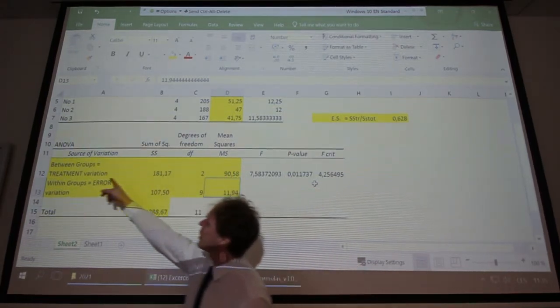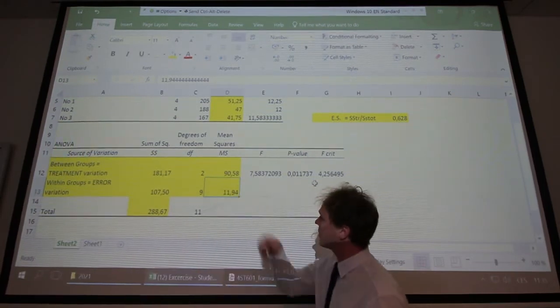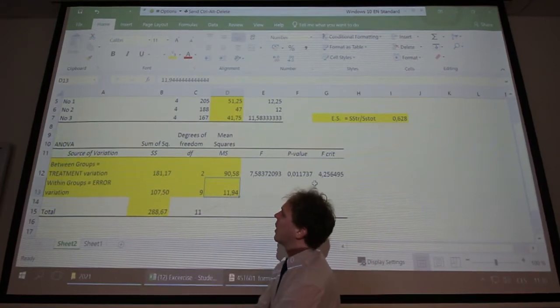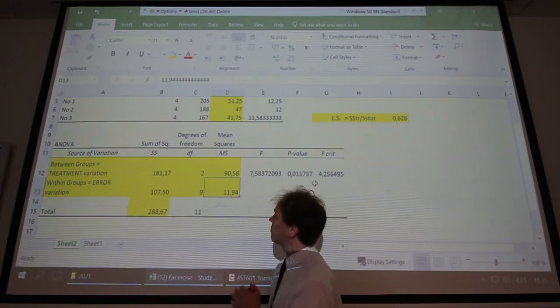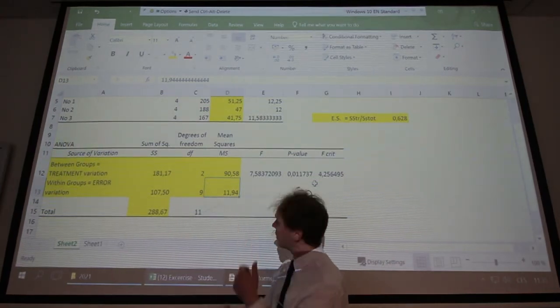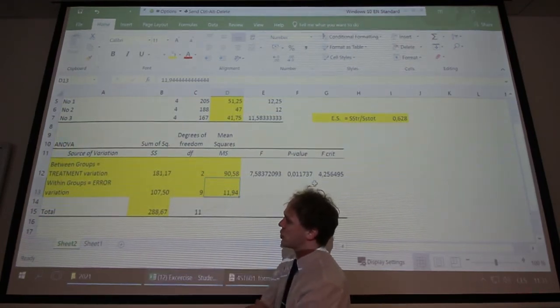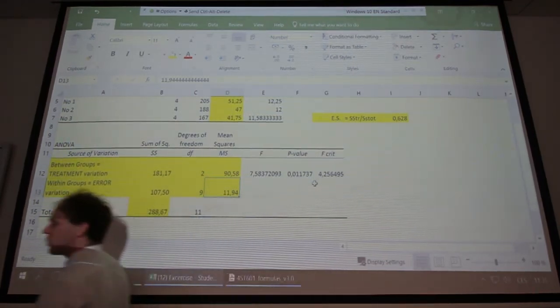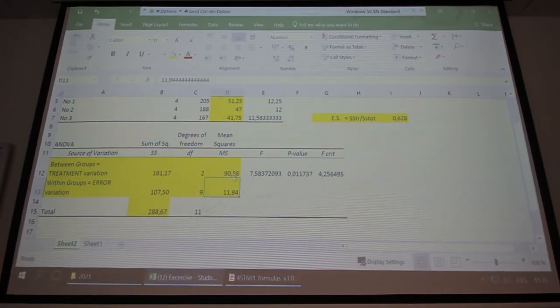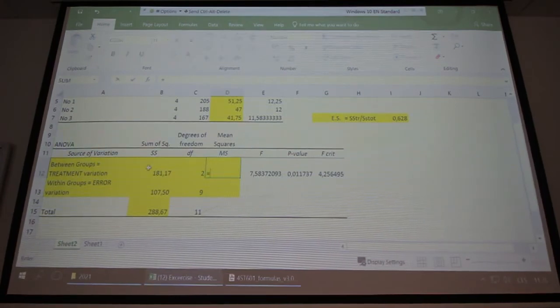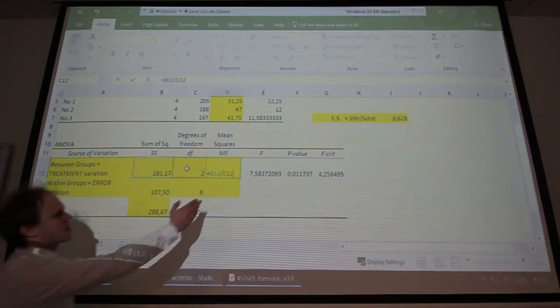The first one can be called treatment variance. This second one, the error variance, is the error sum of squares divided by the degrees of freedom for the error source of variation. You can verify this: I can delete these two values and calculate this value divided by this value, and you will see the same result.